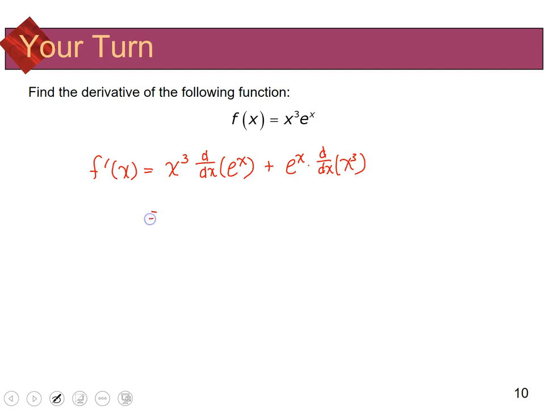But for this, I'm going to have x cubed e to the x plus e to the x times 3x squared. So I can rewrite that as x cubed e to the x plus 3x squared e to the x.